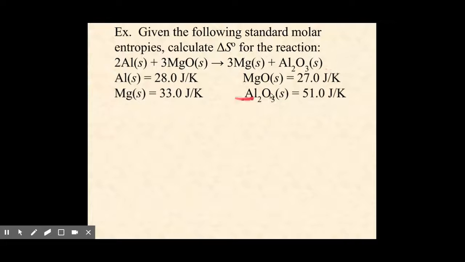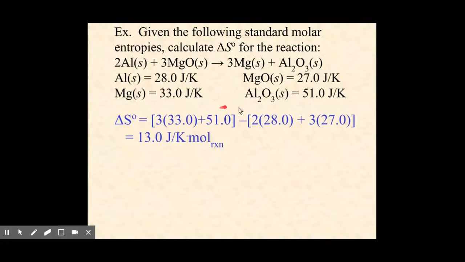We've been given our standard entropies, so all we really have to do is apply the equation before, where we will find the standard molar entropies for this reaction and set it equal to the sum of the products. So 3, because remember there was a 3 here for the coefficient, 3 times 33 plus 51.